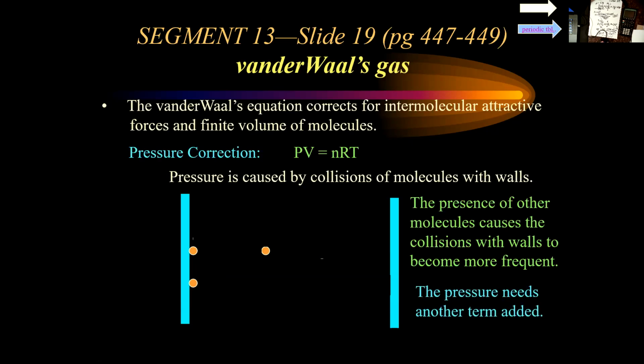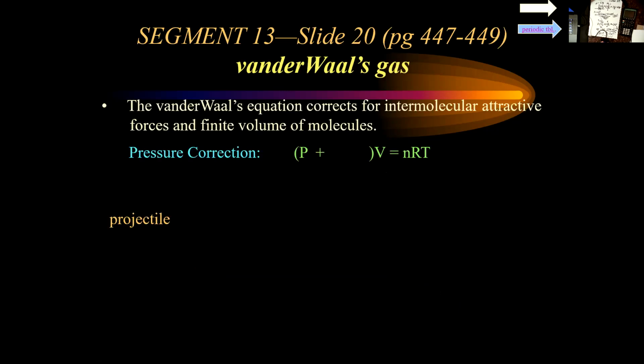So I need to do something to correct the pressure. It's going to be higher than the ideal gas pressure by this correction I have to make for collisions that take place. Now let's figure out the probability. There's a projectile, that's one of the molecules, and here's a bunch of target molecules.